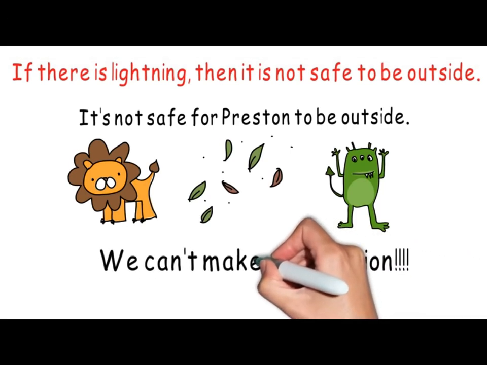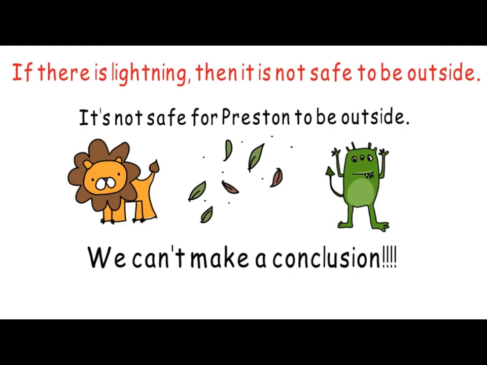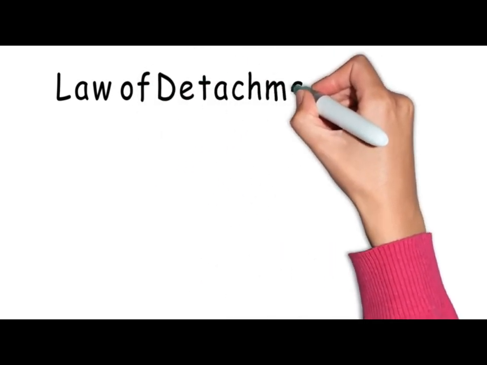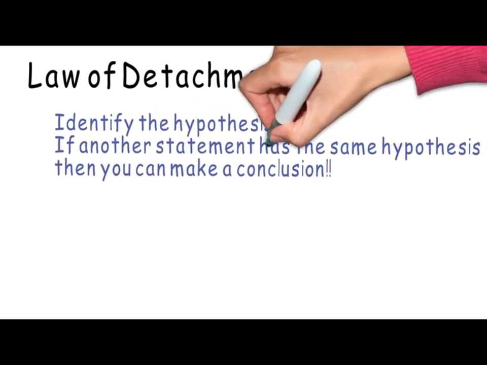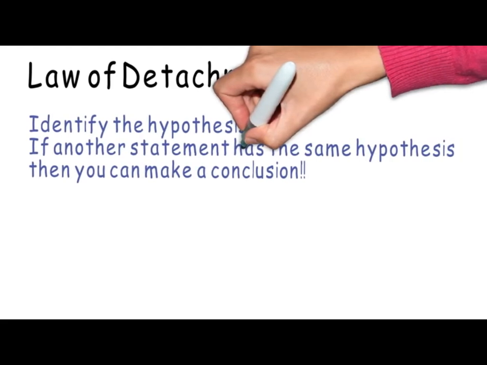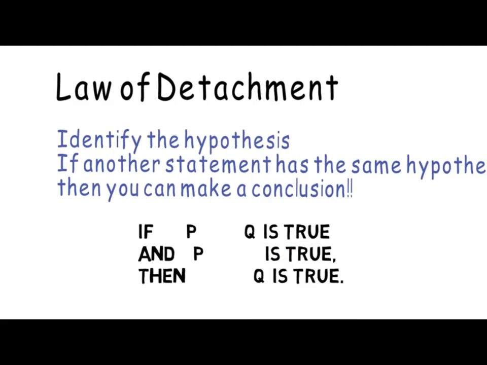Again, there could be a million reasons why it's not safe to be outside. We just cannot make a conclusion when there's a restatement of the conclusion. So, to summarize, the law of detachment says that we need to identify the hypothesis. If another statement has the same hypothesis, we can make a conclusion.